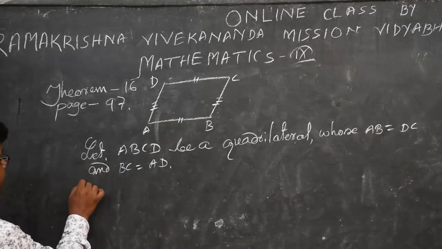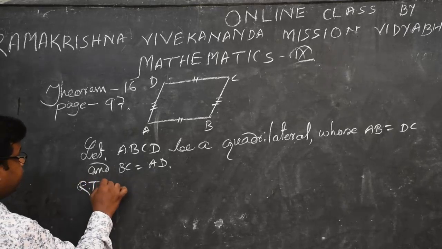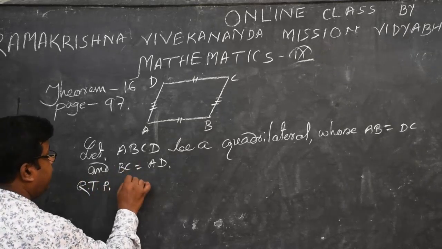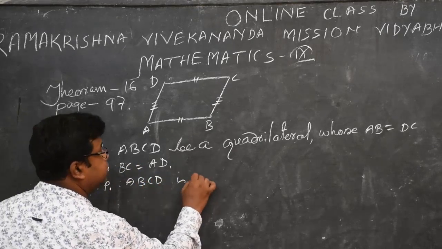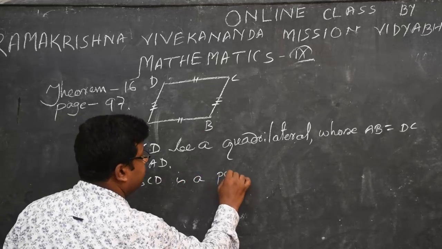Required to prove ABCD is a parallelogram.